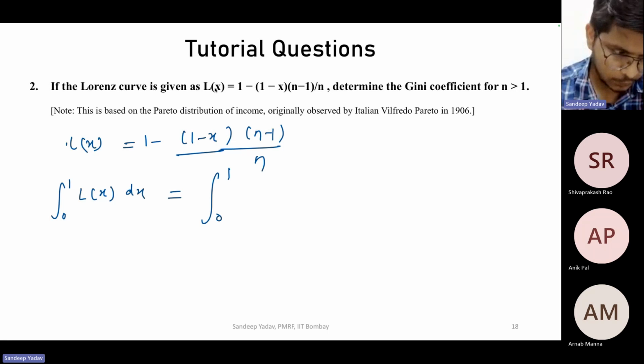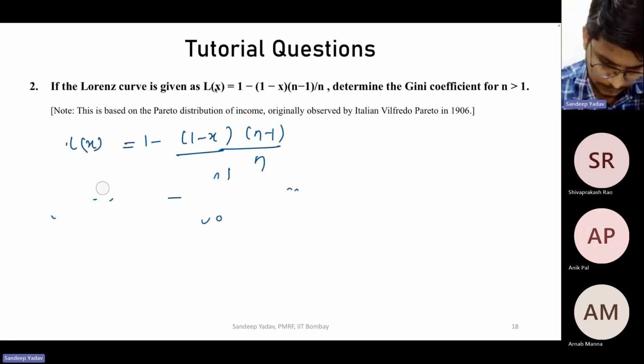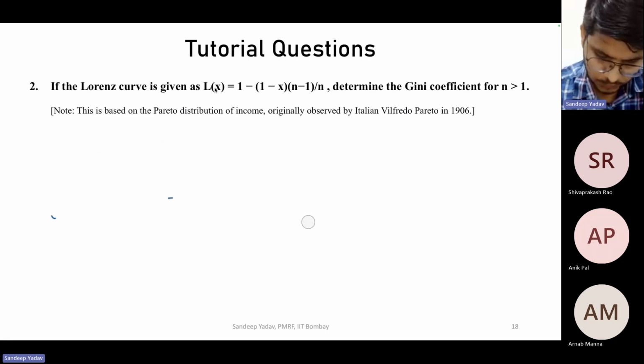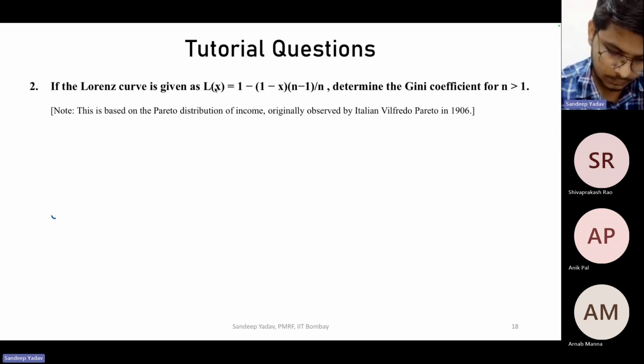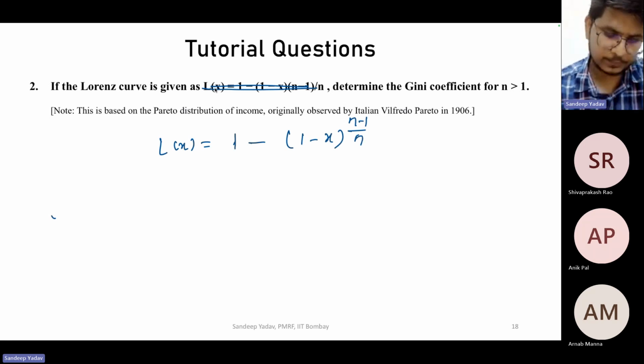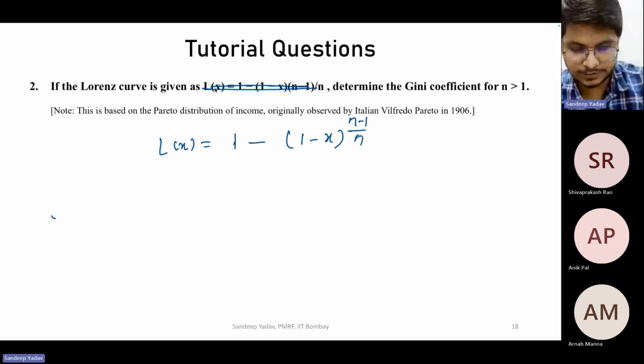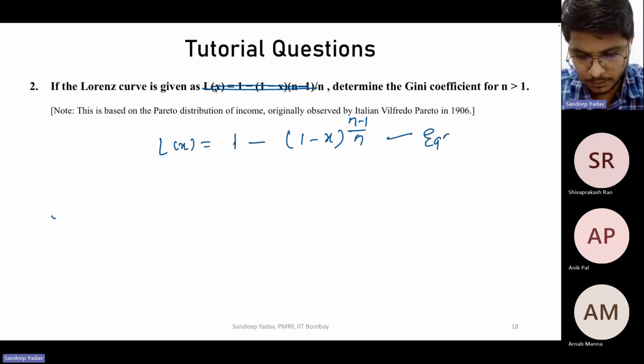Sorry, I have just written this question wrongly. In the PPT it's formatted differently: 1 minus x to the power (n minus 1) upon n. This is the curve that was given, the equation of the curve.